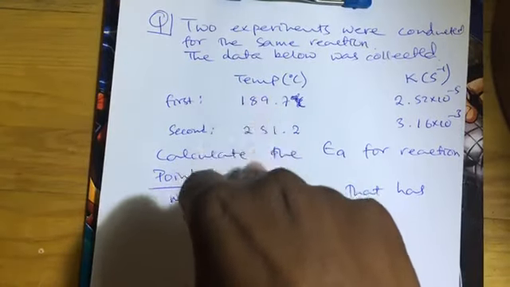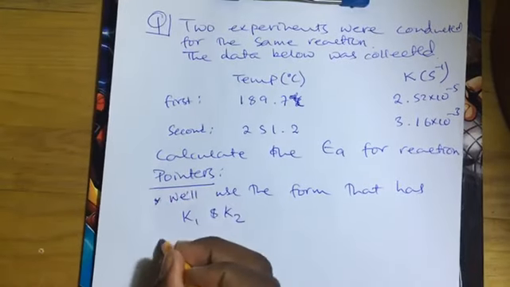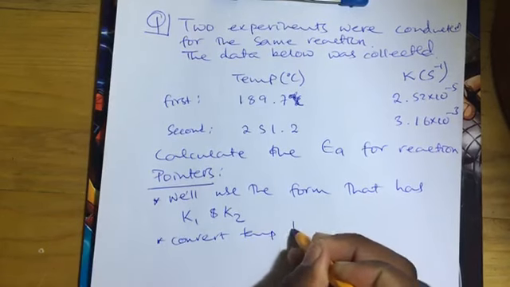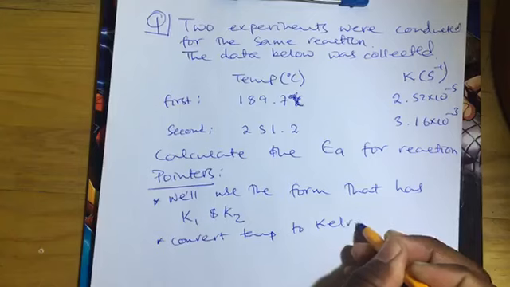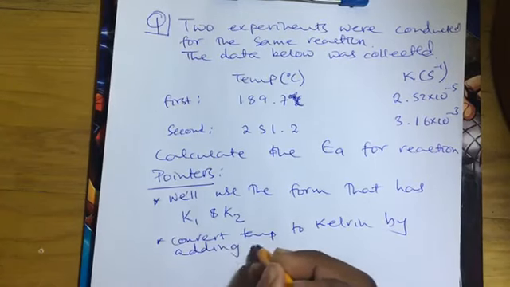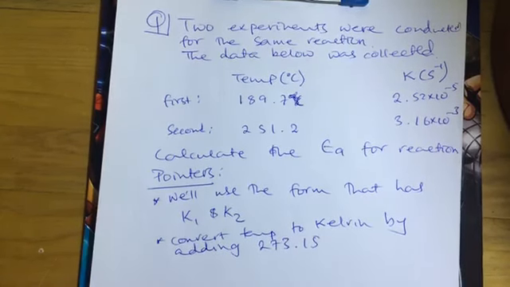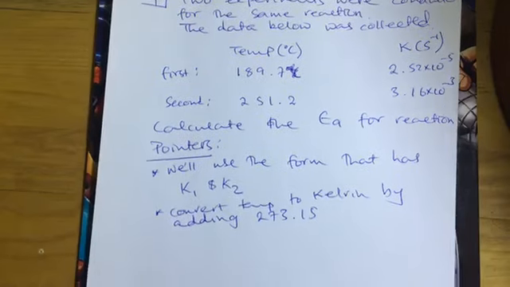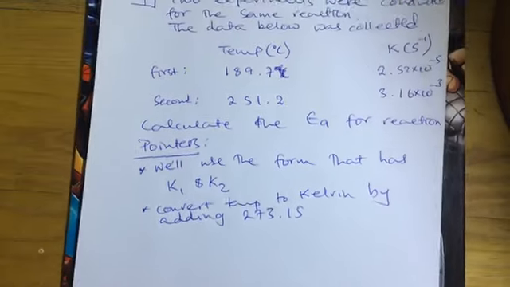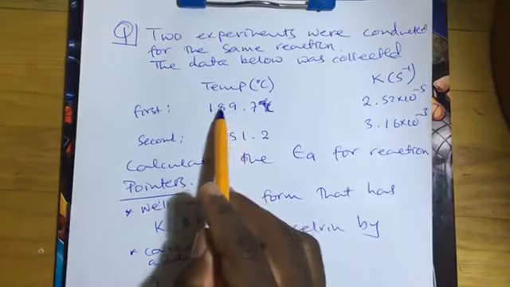So this temperature is in degrees Celsius. We need to convert it to Kelvin. So next, convert temperature to Kelvin by adding 273.15. So this temperature, T1, I'm going to call my first temperature.